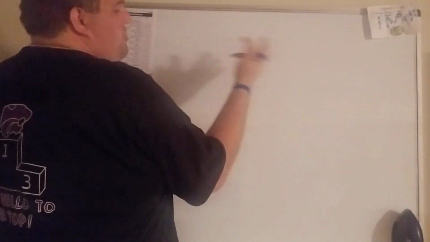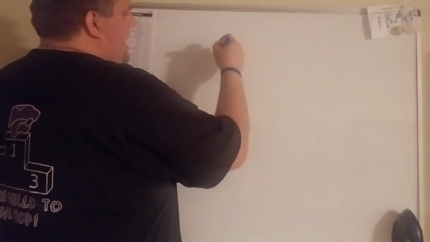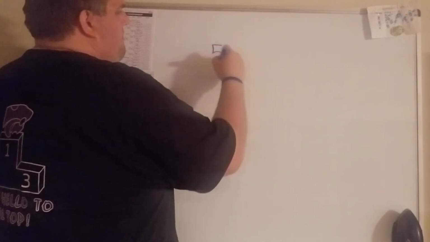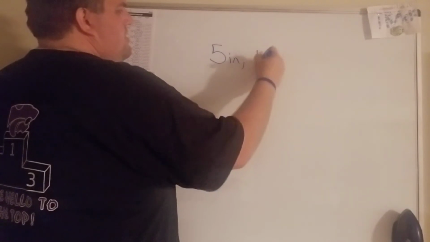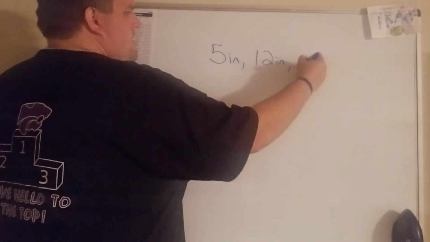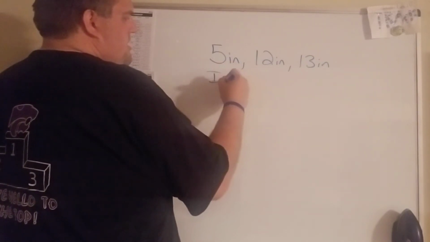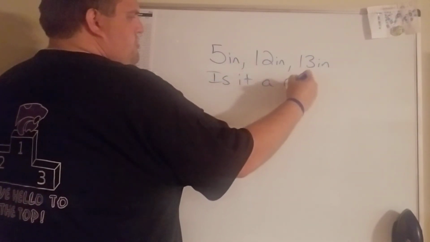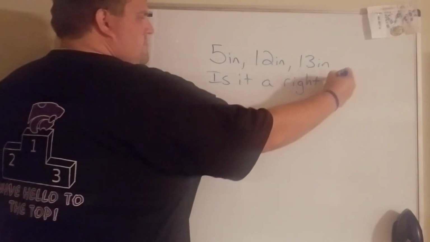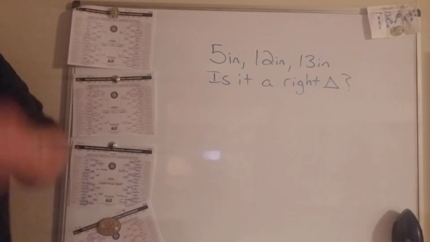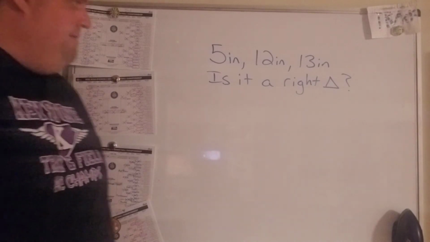So let's say there's a triangle with sides of 5 inches, 12 inches, 13 inches. And they want to know, is it a right triangle? This would be the part where we would use the converse of the Pythagorean theorem.